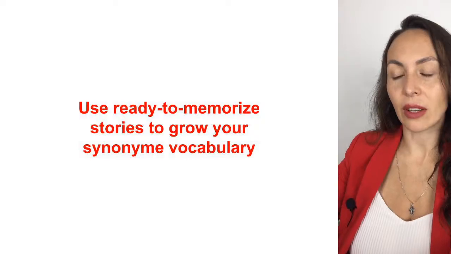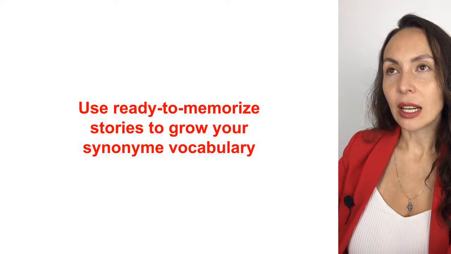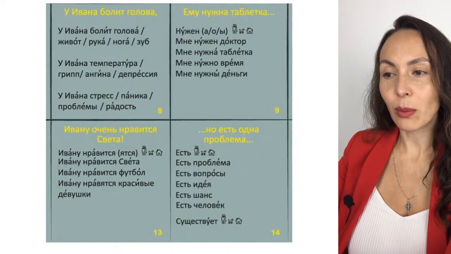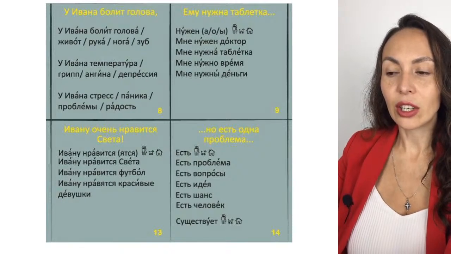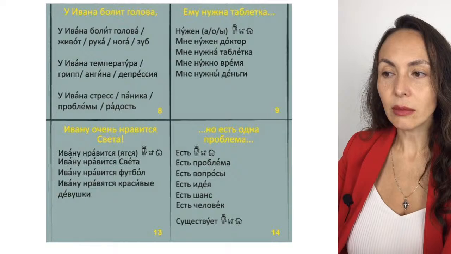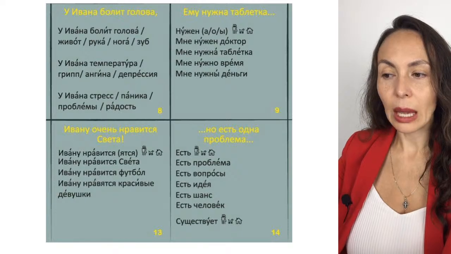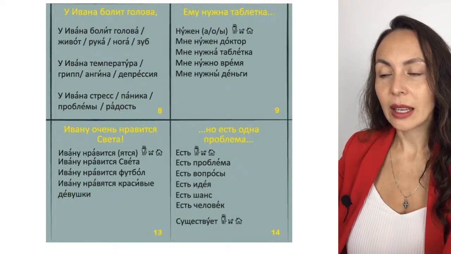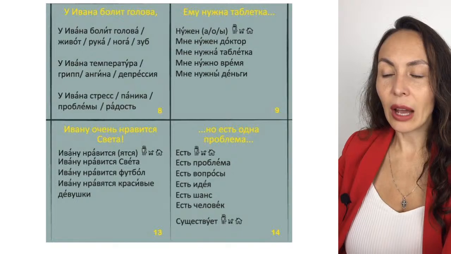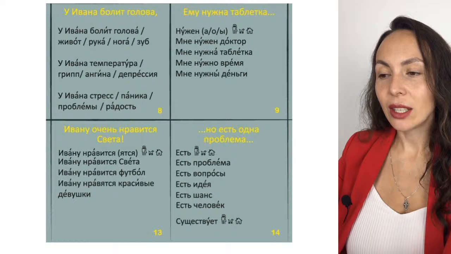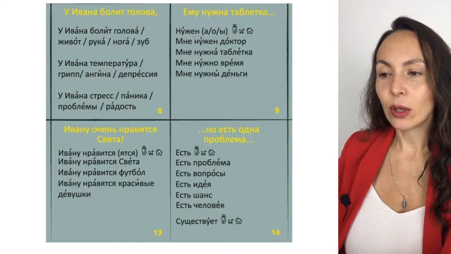And it's very comfortable to do it with stories like this. For example, here you have a piece of the nominative story, and you have 4 different typical nominative situations. For example, number 9.